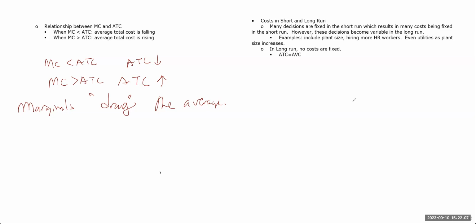For example, if we sign a 2-year lease, the next 2 years is considered short run for that lease issue, at least for our factory. We can't get out of the lease. We're stuck paying, whatever, $1,000 a month on that lease.